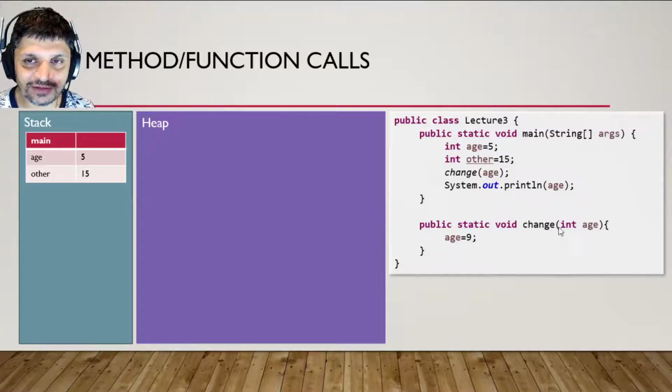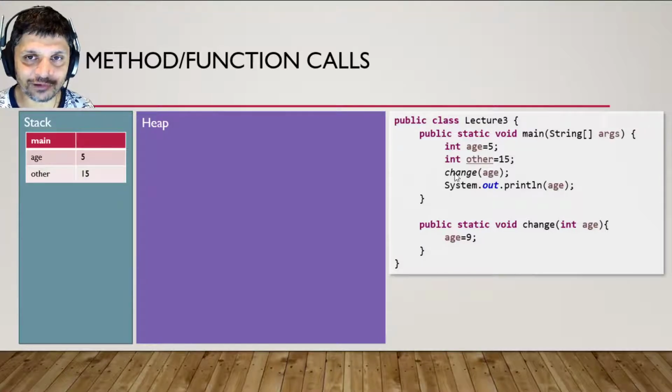Okay, so that means we send in a variable called age, and what we do is we set the value of age to 9 when we receive the variable. Okay, so when we're executing the main method, Java will always execute the main method first. It's going to create age and set it to 5, then create other and set it to 15. Then it's going to call change on variable age.